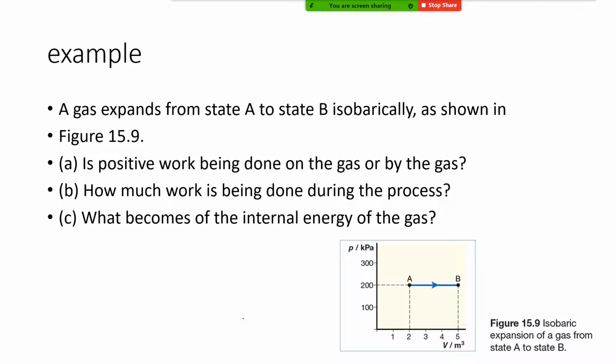All right. Now the question says, how much work is being done during the process?